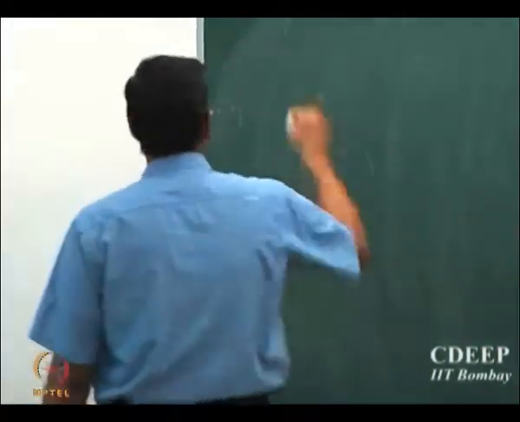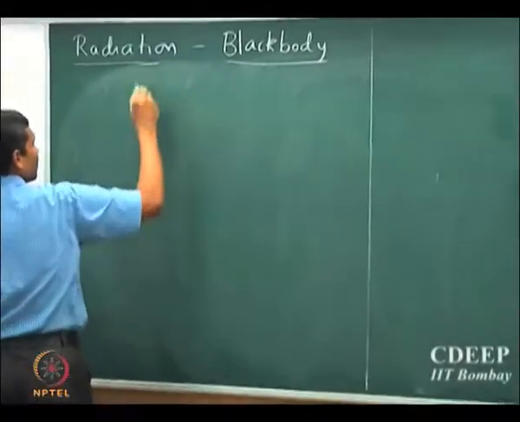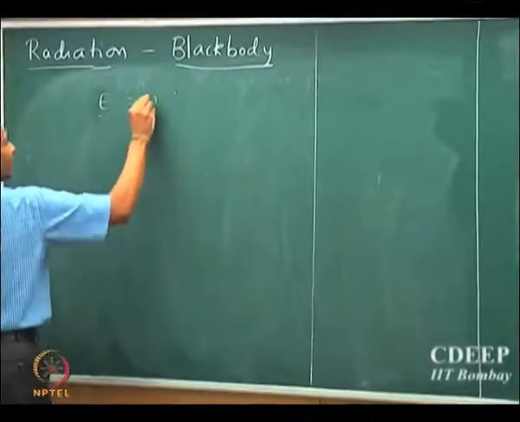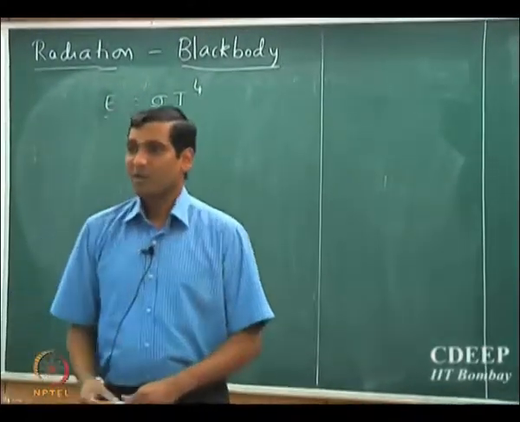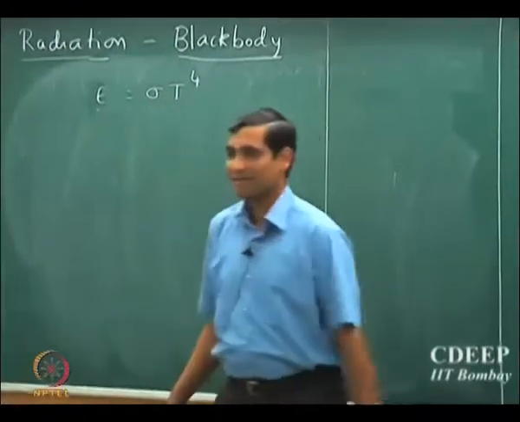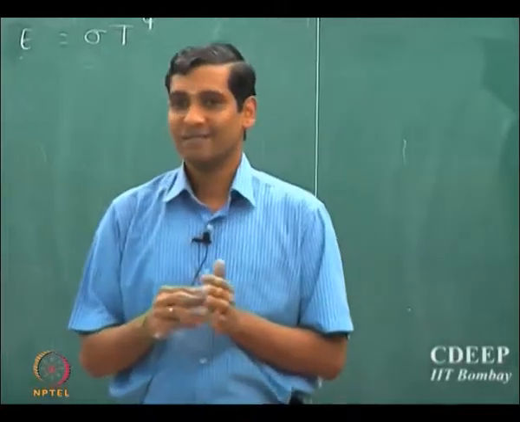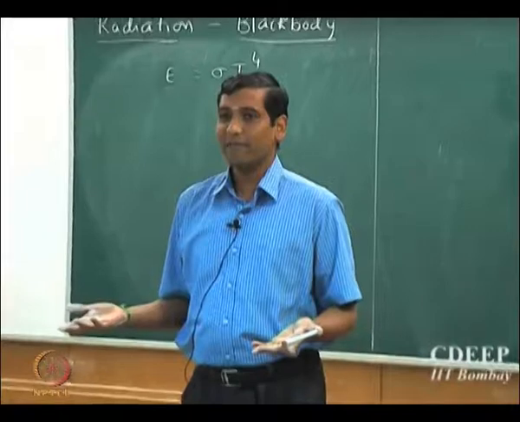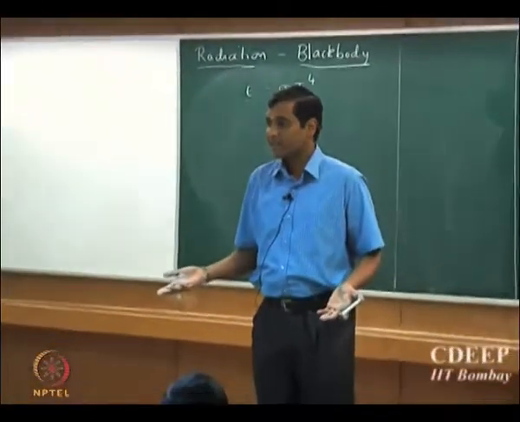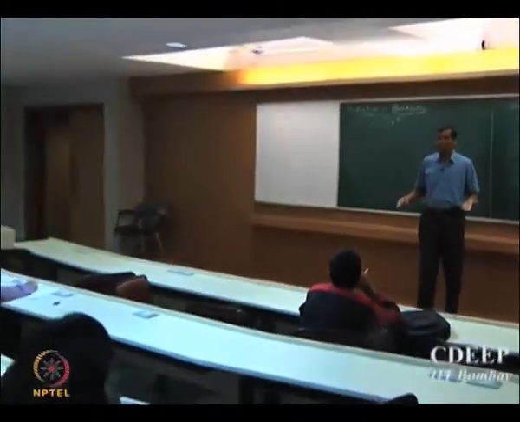You say that the emission intensity is sigma T to the power of 4, etc. Why is it T to the power of 4? Does anyone know? In conduction we said that the driving force is the temperature gradient. Why is it here that it is T to the power of 4? Why not temperature gradient?